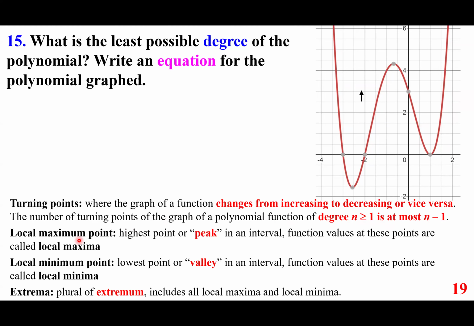A local maximum point is the highest point or peak in an interval; function values at these points are called local maxima. A local minimum point is the lowest point or valley in an interval; function values at these points are called local minima.